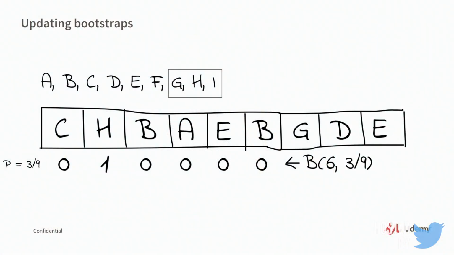So we just have to draw once from the binomial distribution, where n is 6, the size of the original data, and p is 3 over 9, the size of the set of new visitors divided by the full data set. This is an approach that we can go with to update our analyses faster by updating our bootstraps.